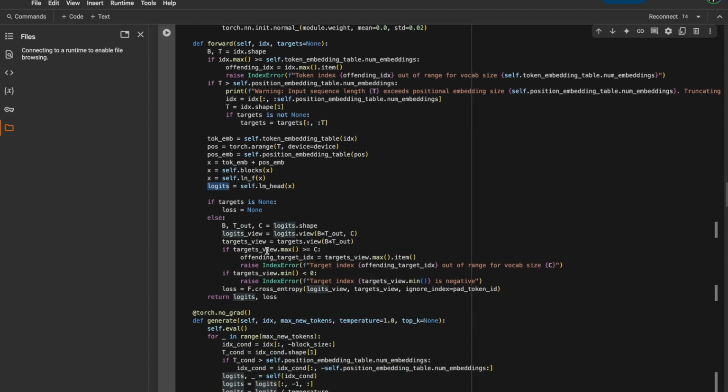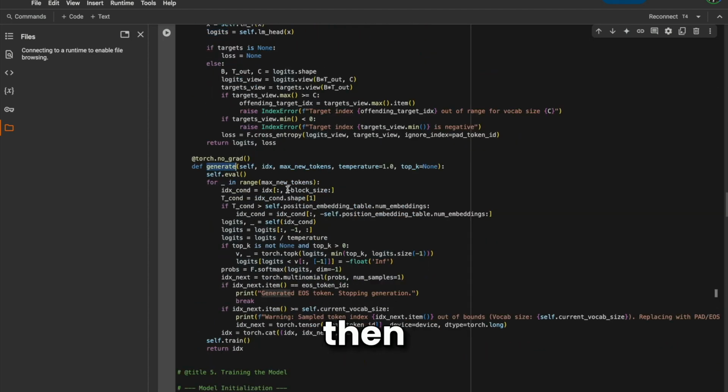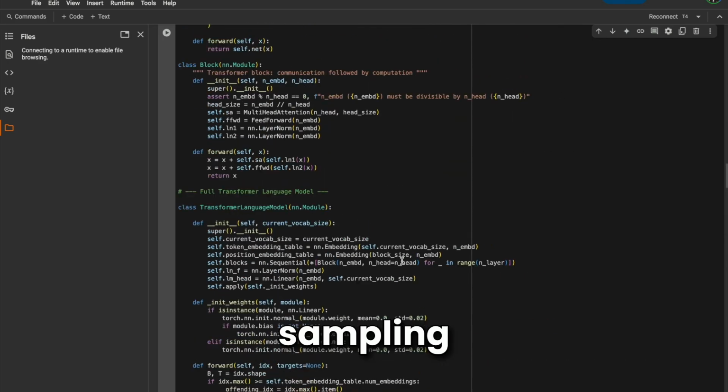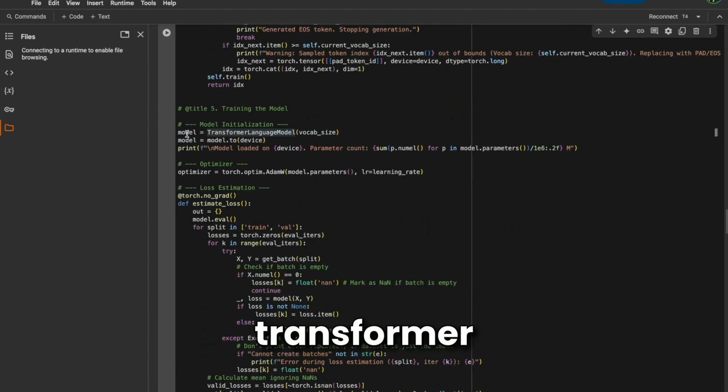And once you normalize them, they are supposed to show the probability distribution. Okay, and then we have a generate function to actually do the inferencing, and it calculates the logits, gets the probability distribution by doing normalization, and then it predicts the next word by using a sampling mechanism. So this is the full definition of the transformer language model.